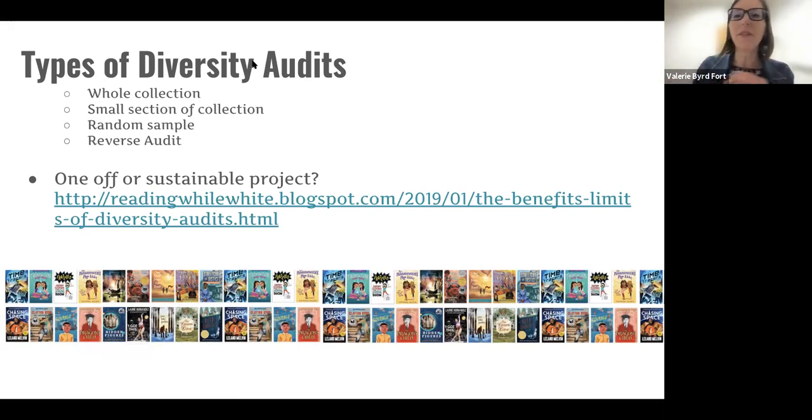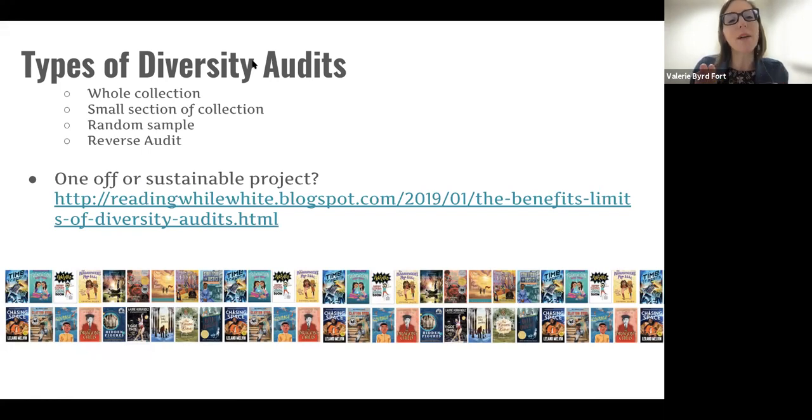When we even start thinking about doing a diverse book audit, we look at our collection, look at how enormous it is, and think, oh, how am I going to wrap my brain around this? Where am I going to find time to do this, right? Well, you can do all kinds of different types of audits. So you can do your whole collection, right? And that is a massive undertaking, I think, but you can do it.